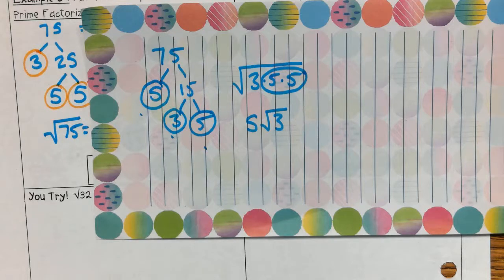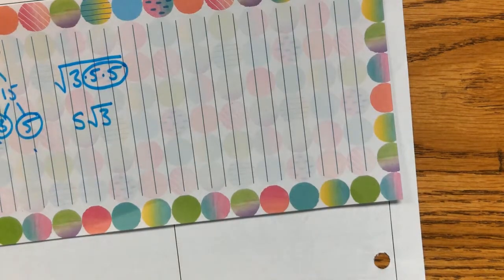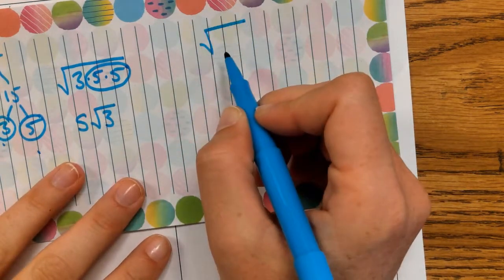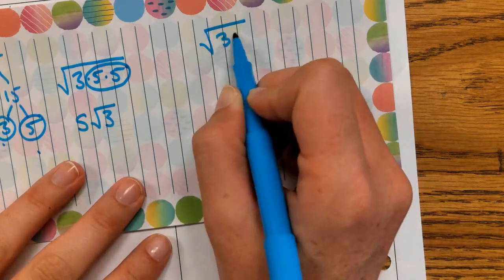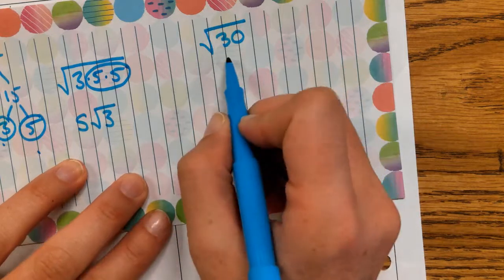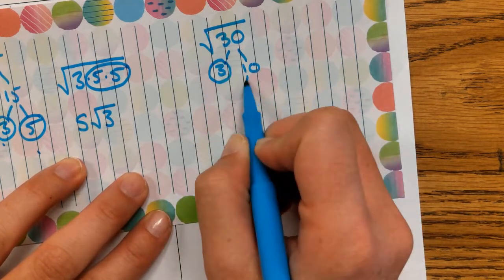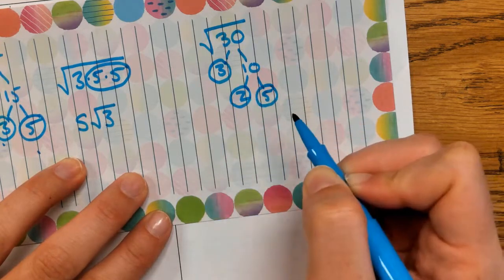Go ahead. Will there always be a pair of prime numbers? If you're doing the square root of 30, I don't think this works. So 30 is 3 times 10, 3 is prime. 10 is 2 times 5, 2 is prime and 5 is prime.